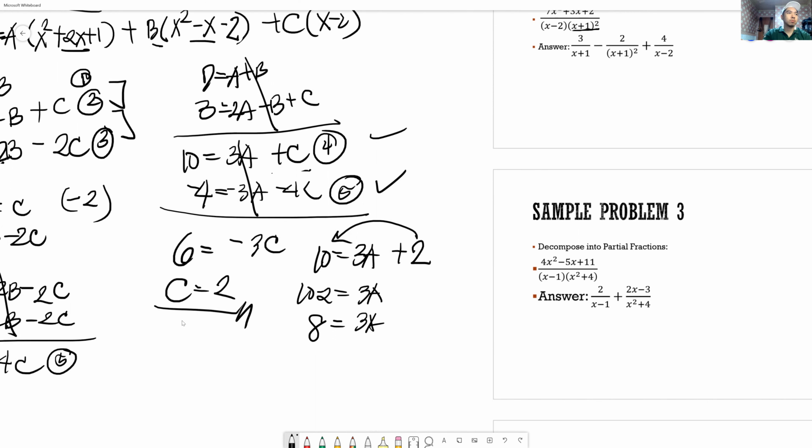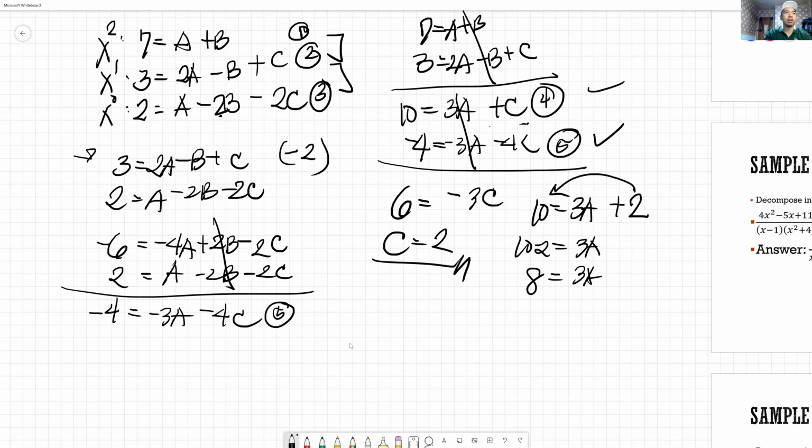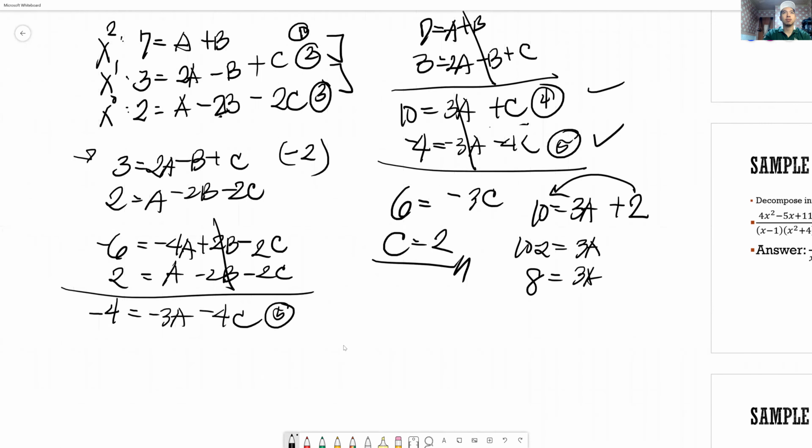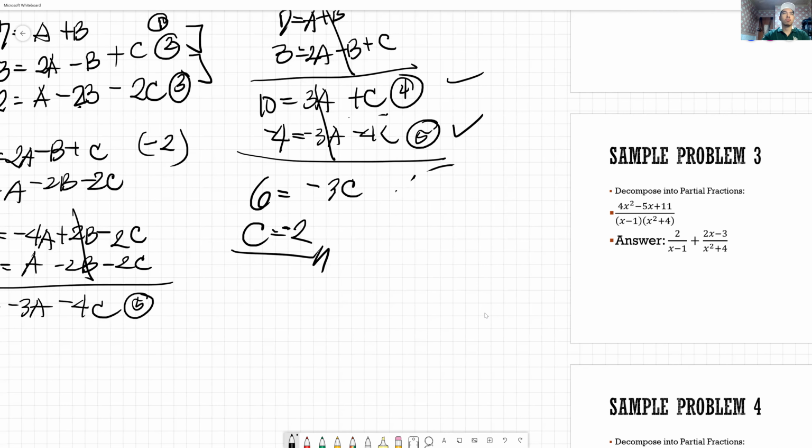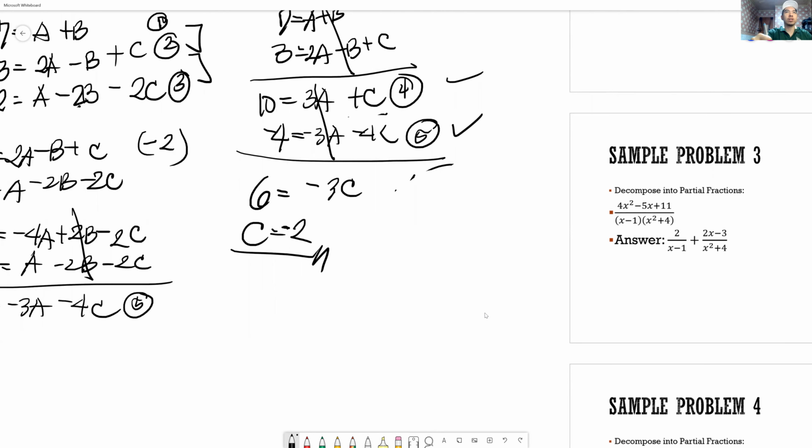So what we have there is negative 4 minus 3a minus 4c. So c should be equal to negative 2. I'm sorry for that. Okay. So sign conventions. So if we substitute negative 2 there, so let's try that only in number 4 instead. Okay, so that will be the easier solution.